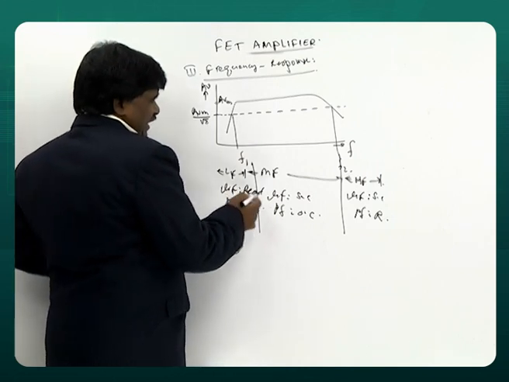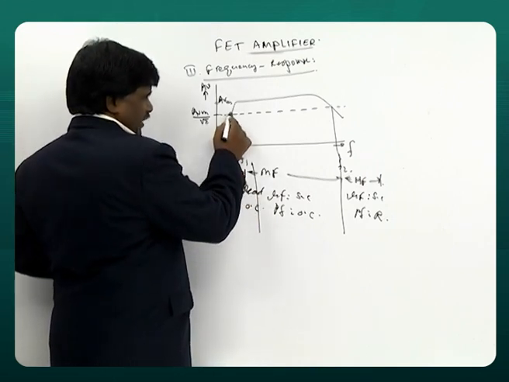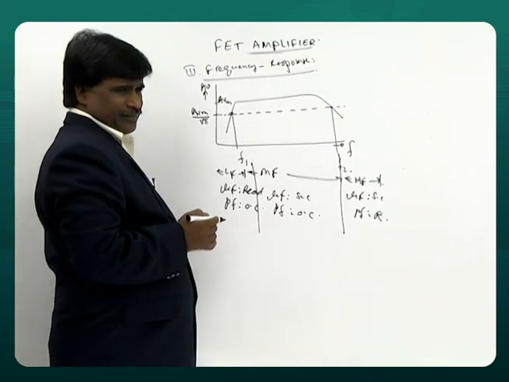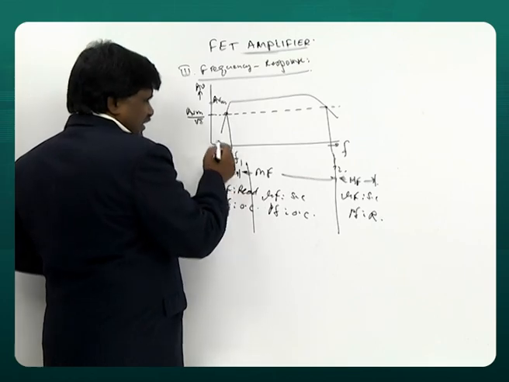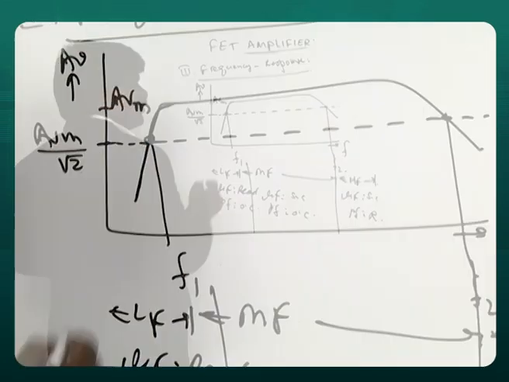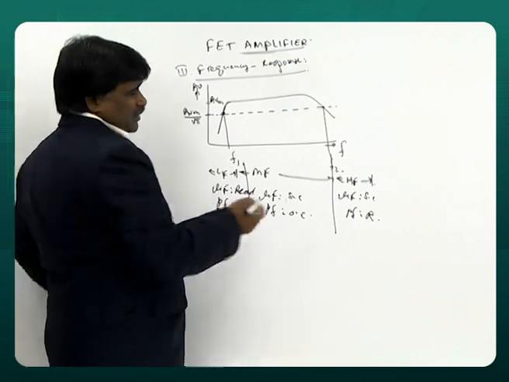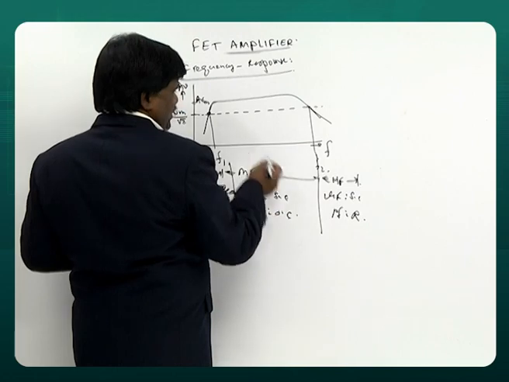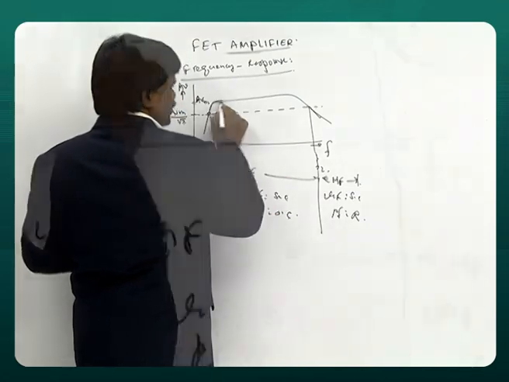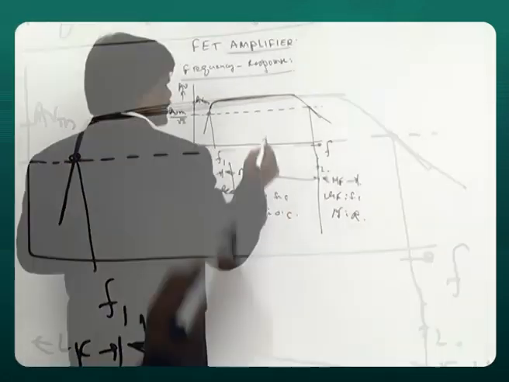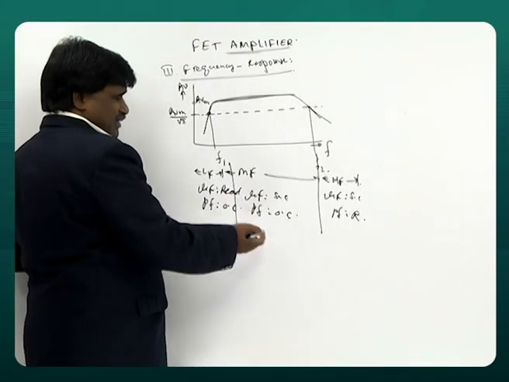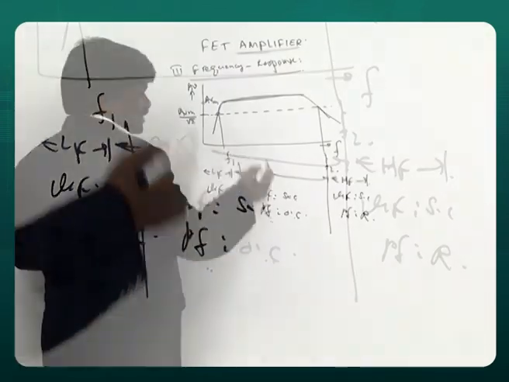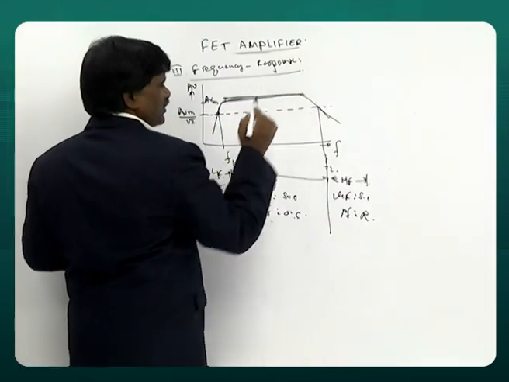So this is reacting, this is also reacting. Because something is reacting, it is depending on frequency. Here, one is short circuit, the other is open circuit. Therefore, there is no response. It is purely resistive. We have resistors, but all the capacitors get shorted or open. It's purely resistive. That's why it is independent of frequency.